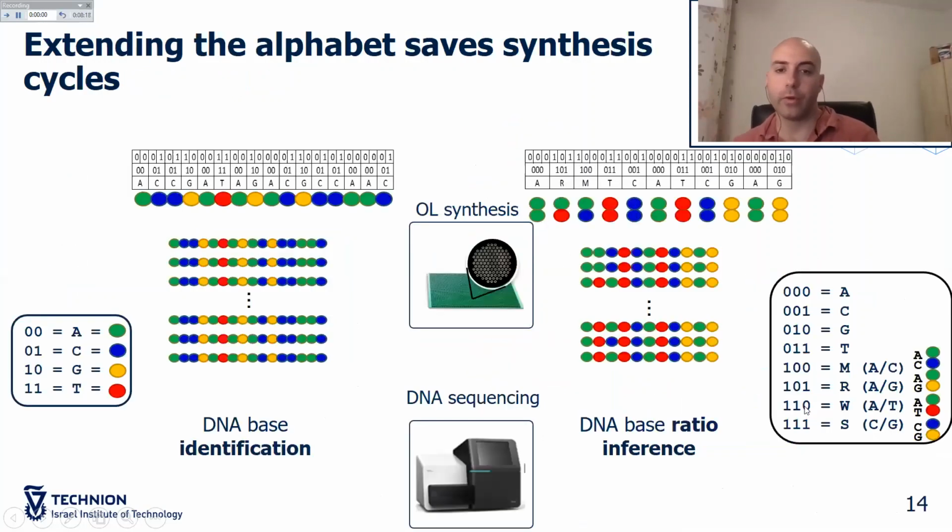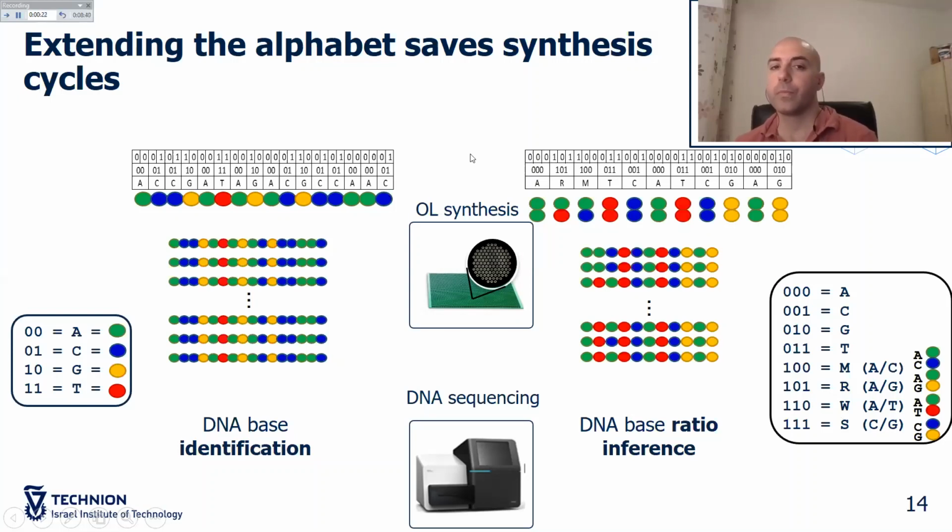If we look at the overview again, now we can take these 32 bits, let's say 33 bits. Since we have, in this case, 8 letters, 4 standard DNA letters and 4 1-to-1 ratio composite letters, we can translate every 3 bits into 1 letter of our extended alphabet.